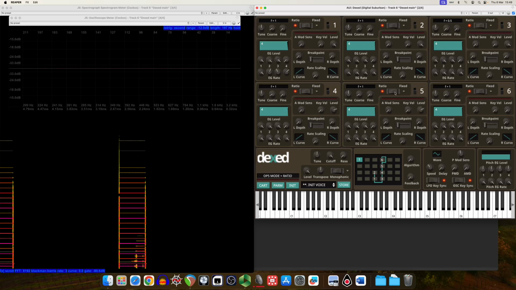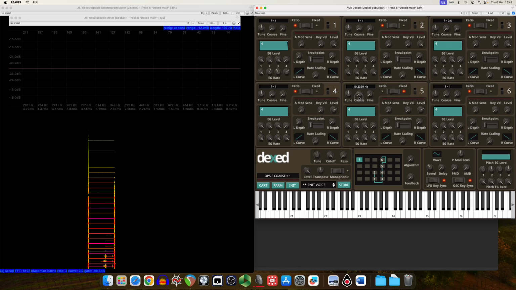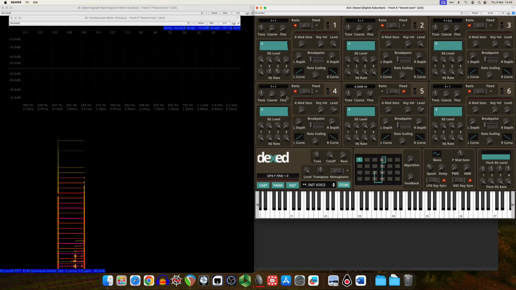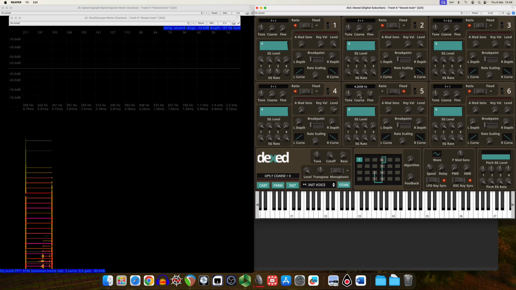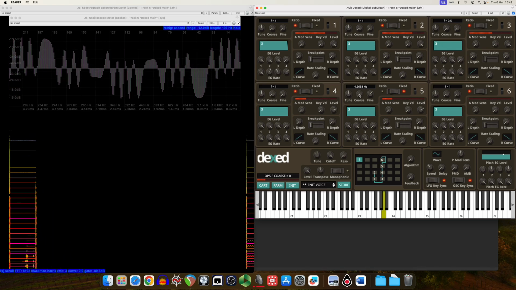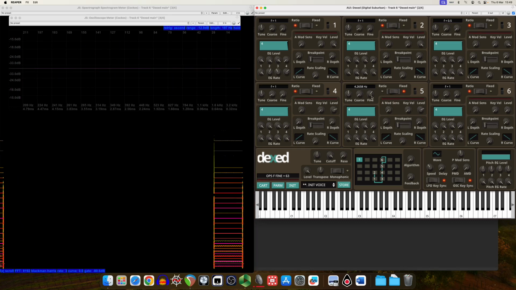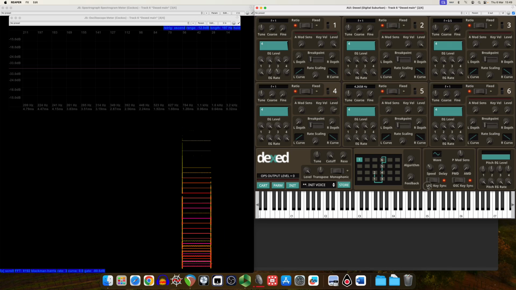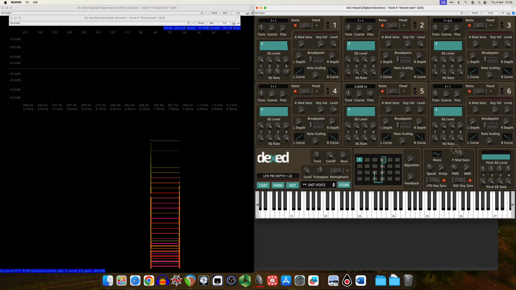The other operator in the chain could be set in ratio mode with say f equals 1 to give an odd harmonic series, assuming that operator 3 is still set at f equals 0.5, as the modulation frequency is then twice the carrier frequency. You can also make vibrato with the low frequency oscillator section by increasing the PMD setting, that stands for pitch modulation depth control.